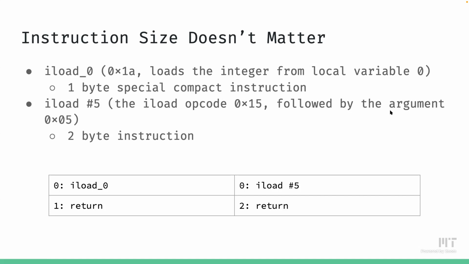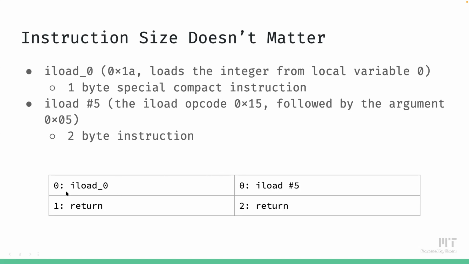Because it's special, we don't need to pass it any arguments, so it is only 1 byte, 0x1a, and it will load value 0 onto the stack. However, this other one, iload 5, is 2 bytes because the instruction itself is 1 byte, 0x15, followed by the argument, which is 5, 0x05. So in order to call this bytecode, it requires 2 actual bytes of memory.